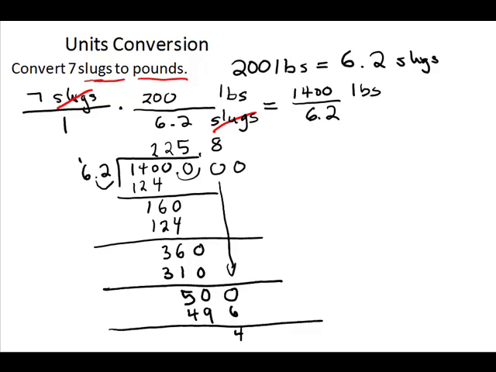So if we add a 0, 62 into 40 will not go. And so we'll stop there. So we can drop off the 0, and that will give us 225.8 pounds.